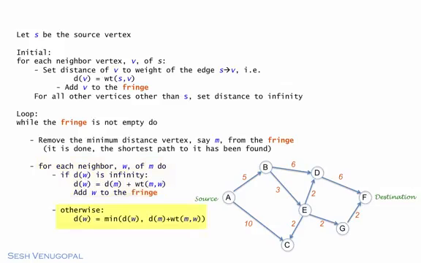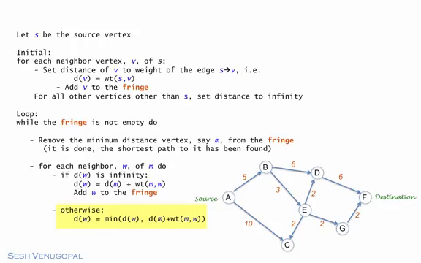And otherwise, if the vertex is already in the fringe, so for example, if you think of the next iteration in which we pick E as the minimum distance vertex, we would look at its neighbor D and find that D is already in the fringe, in which case we'll be in the otherwise step of the algorithm.